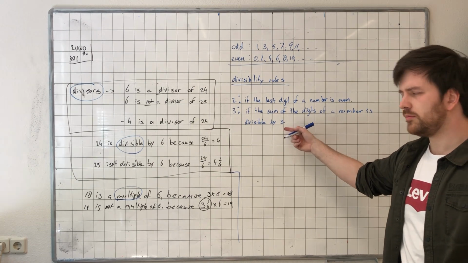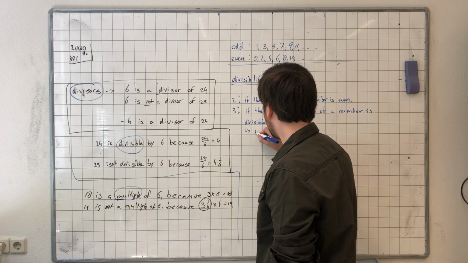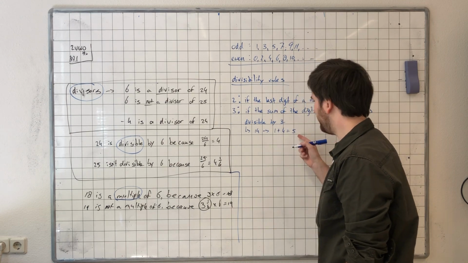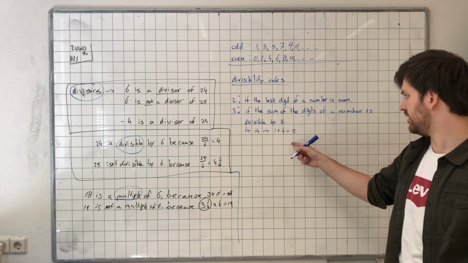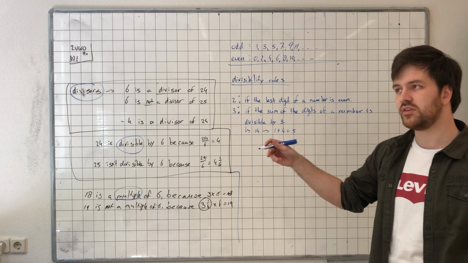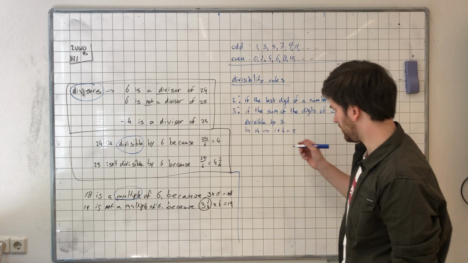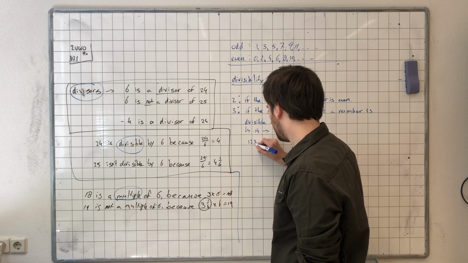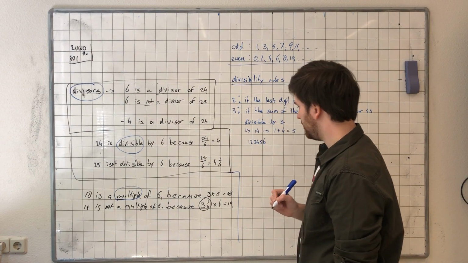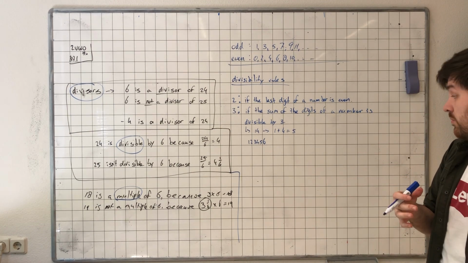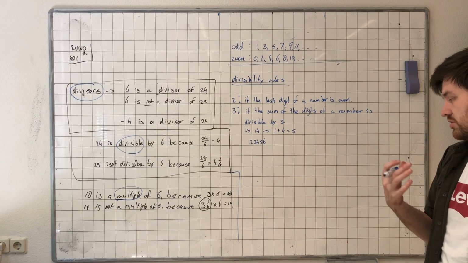I'll give you 2 examples for this one. For example, 14, then you would have 1 plus 4 is 5. 5 is not divisible by 3, so 14 is not divisible by 3 either. But this also works for really big numbers. So for example, if you have 123456, most of you probably do not know whether this is divisible by 3 or not by just looking at it.